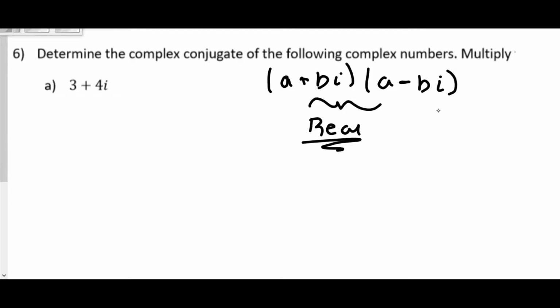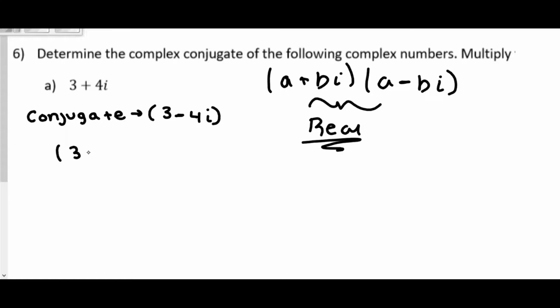If you're multiplying complex conjugates and you end up with an i in your answer, you did something wrong, and you should go back and check it or plug it into your calculator and check it. So the conjugate to 3 plus 4i would be an equal real part, which is 3, and an opposite sign imaginary part, which is negative 4i.